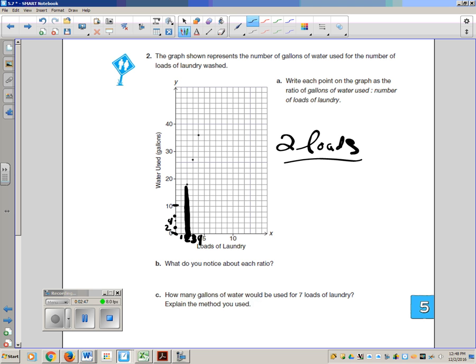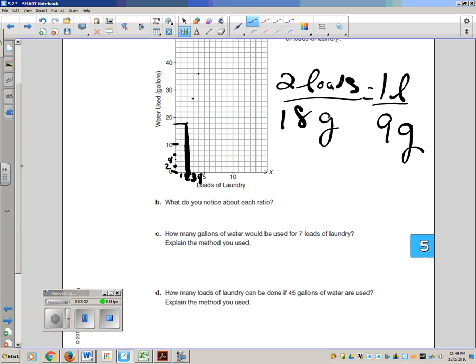That's over 18 gallons. I know I can reduce that. So 1 load equals 9 gallons of water. What do you notice? It's a 1 to 9 ratio. 1 load of laundry takes 9 gallons of water.